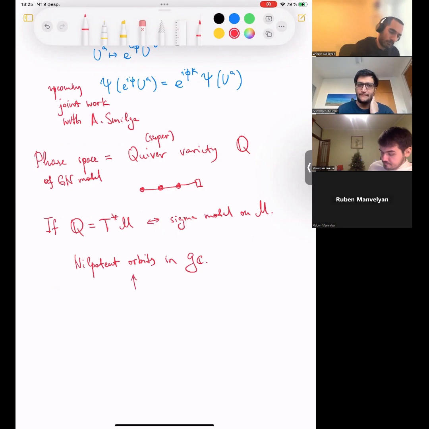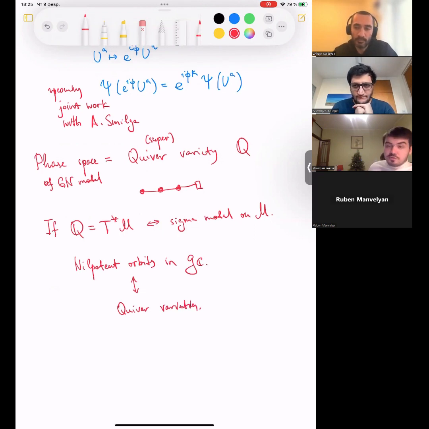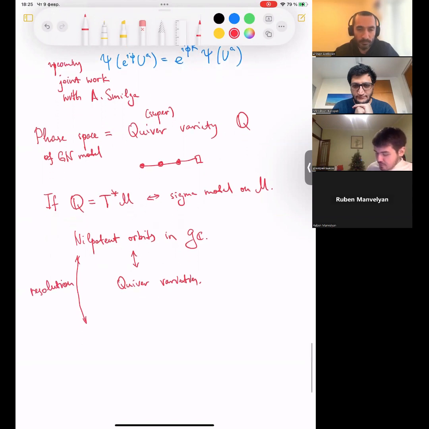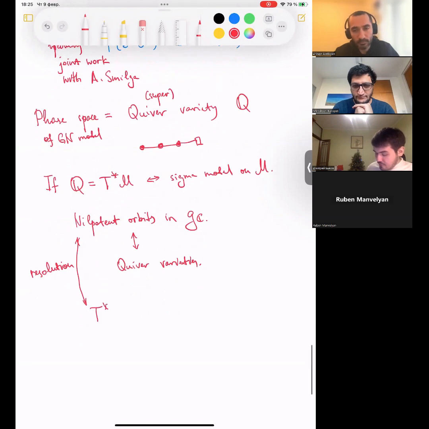On the other hand, it's known that the nilpotent orbits are singular complex varieties, complex symplectic varieties. But it's known that the resolutions of these guys, if they exist, so in the cases when they exist, give cotangent bundles of some homogeneous spaces.